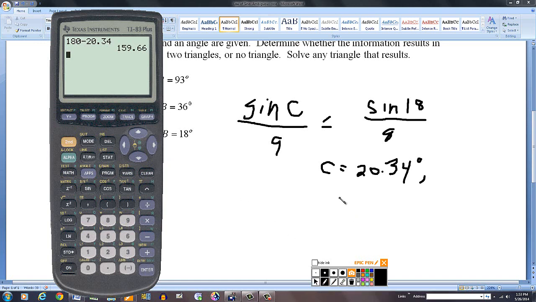I'm just going to write S for supplement. So the supplement is equal to 159.66.